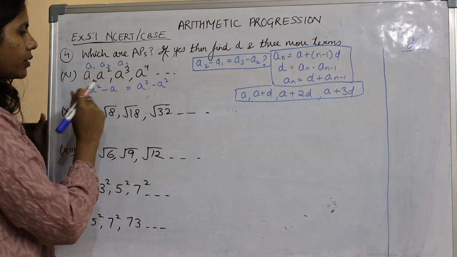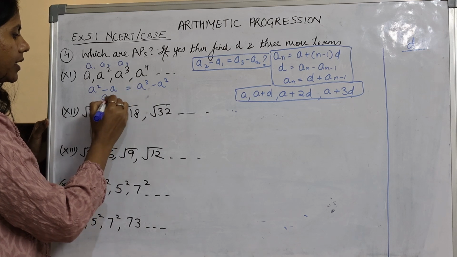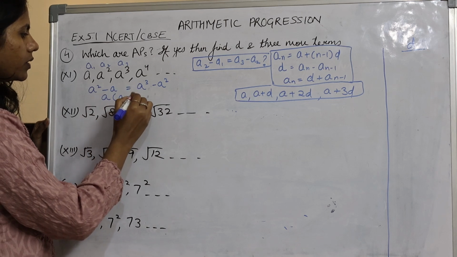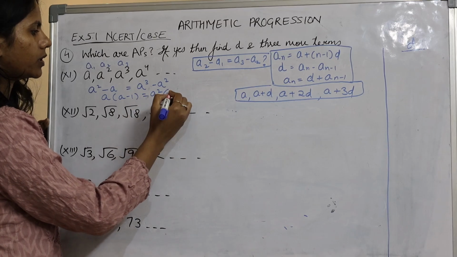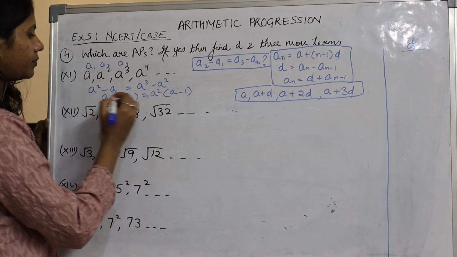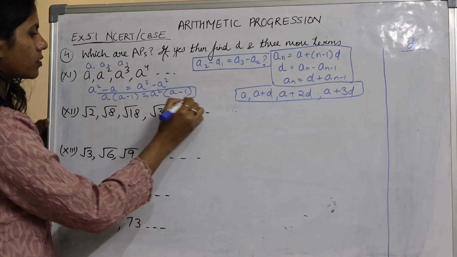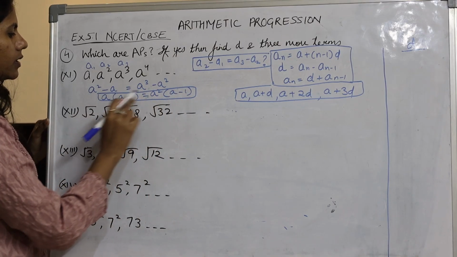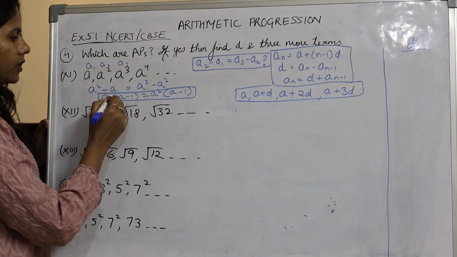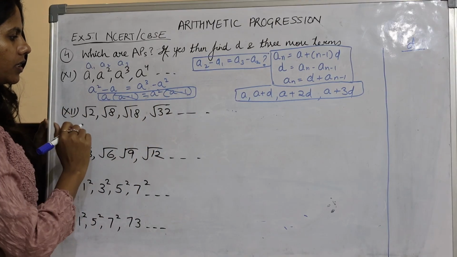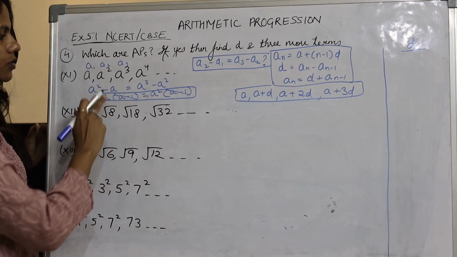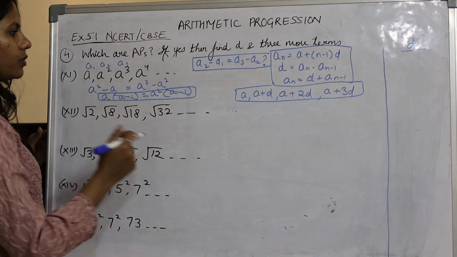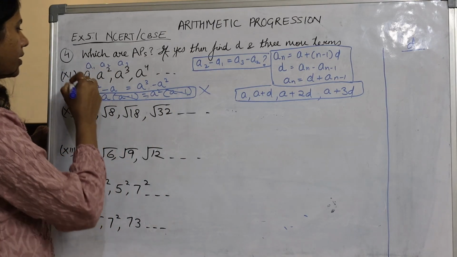Try to take common: it will be A times A minus 1 equal to, here you can take A square common, A square times A minus 1. So in this part, if you see, this and this are equal, but we have A here and A square there. So this is clearly not equal. This is not an AP.